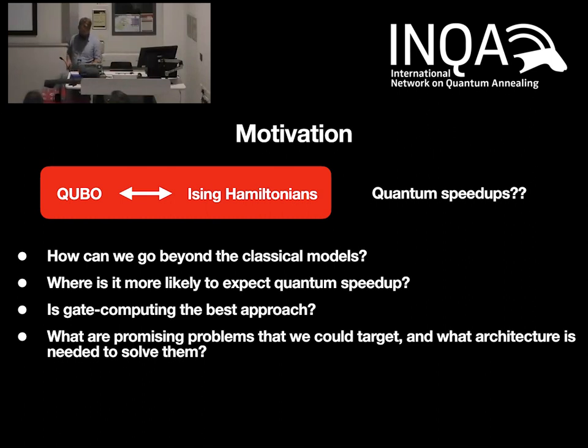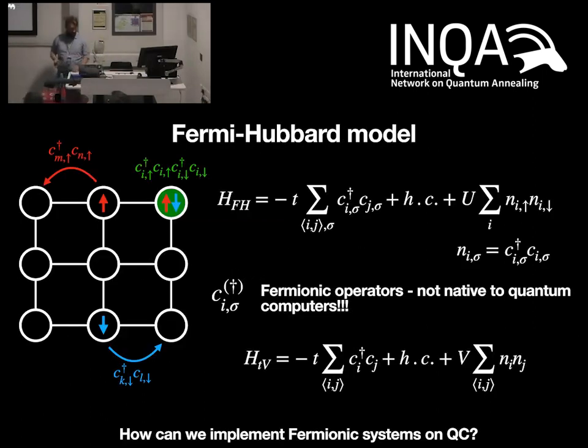And this is the reason why we are trying to focus on Fermi-Hubbard models, which are proxy models for different applications in material science, in modeling superconductivity, and so on. They are quite relevant and also very hard to simulate classically.